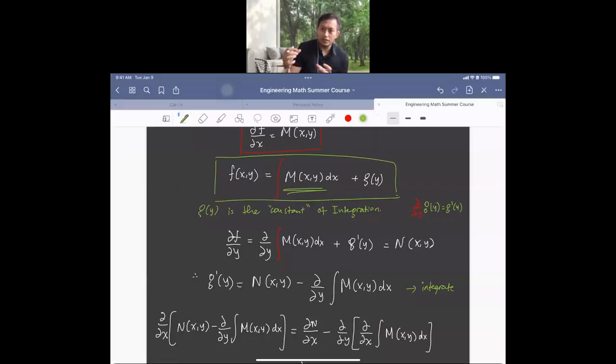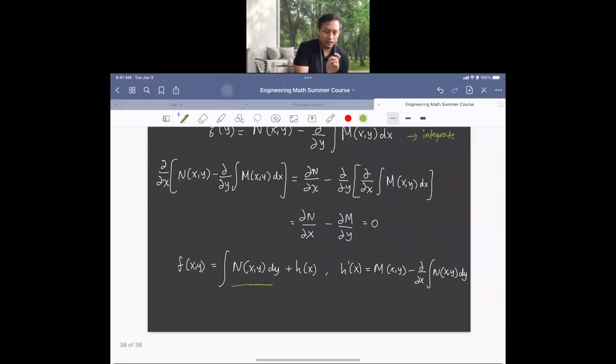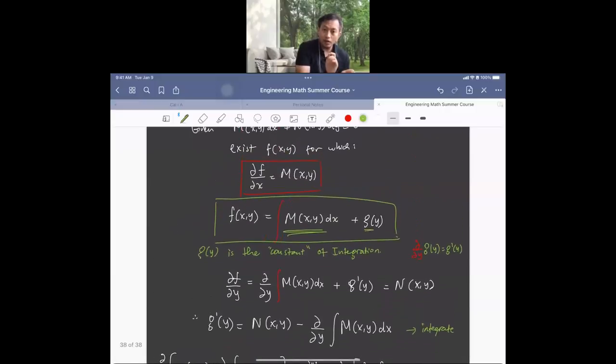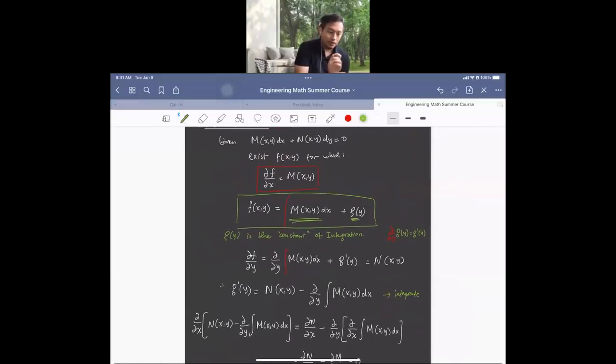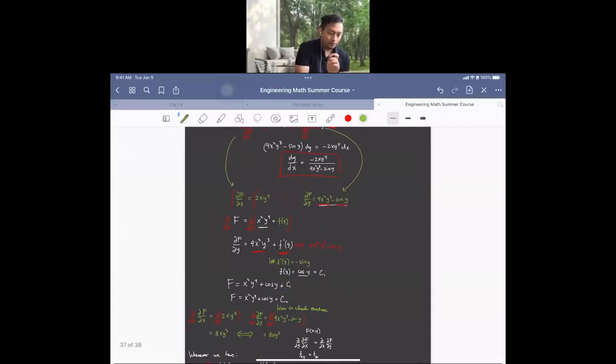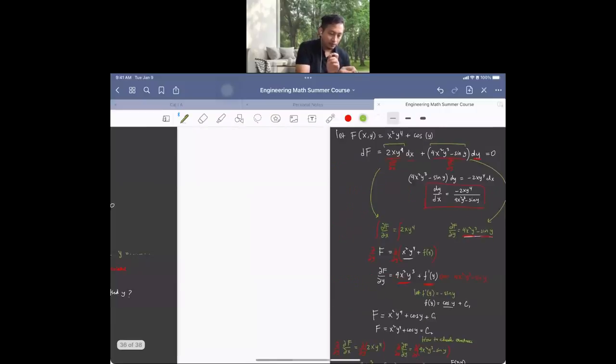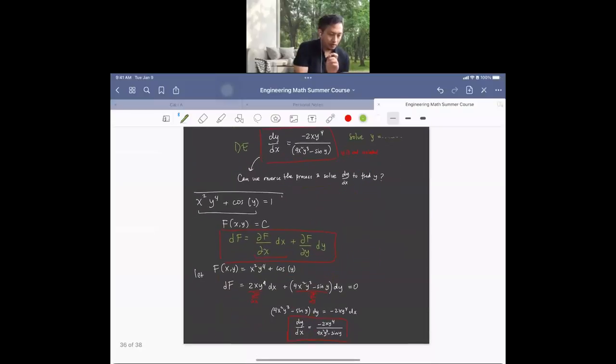If you think that using M the integration is a little bit difficult to take, then you try the N, and then you will find the h of x instead of g of y.